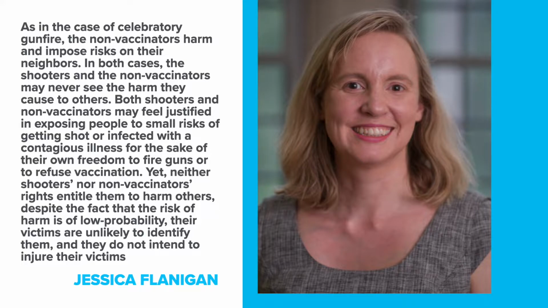So in the case of celebratory gunfire, the non-vaccinators harm and impose risk on their neighbors. In both cases, the shooter and the non-vaccinator may never see the harm they cause on others. Both the shooter and the non-vaccinator may feel justified in exposing people to small amounts of risk of getting shot or infected with a contagious illness for the sake of their own freedom to fire guns and refuse vaccinations.